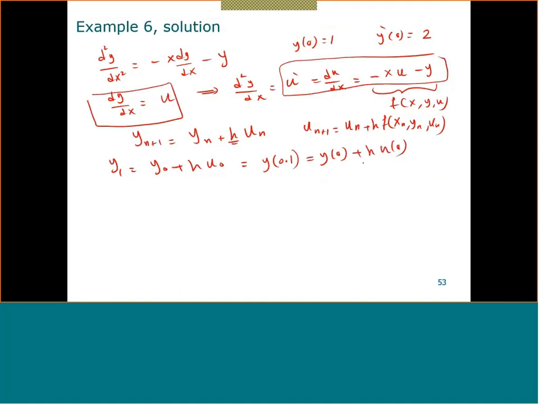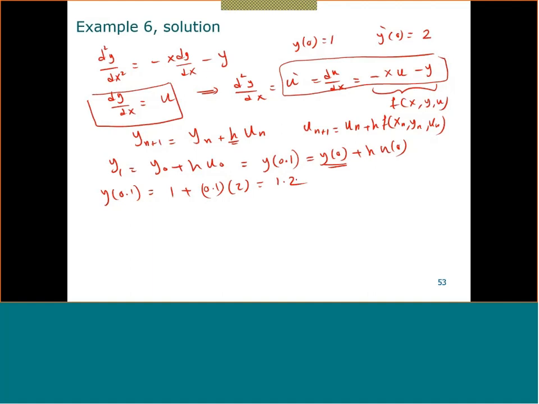So y at 0.1 will equal, y0 is equal to 1 plus h is equal to 0.1 times u of 0. We know that u is dy/dx. So u of 0 is nothing but dy/dx at 0, or y prime at 0, which is equal to 2. So this is equal to 1.2.